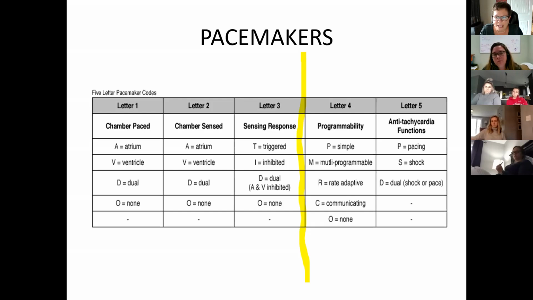We like a demand pacemaker. A demand pacemaker is also known as a synchronous pacemaker. And so it has the ability to see. But whenever you have an O in the second and third position, so maybe you have a V pacemaker, then that means it's not seeing what it's doing.